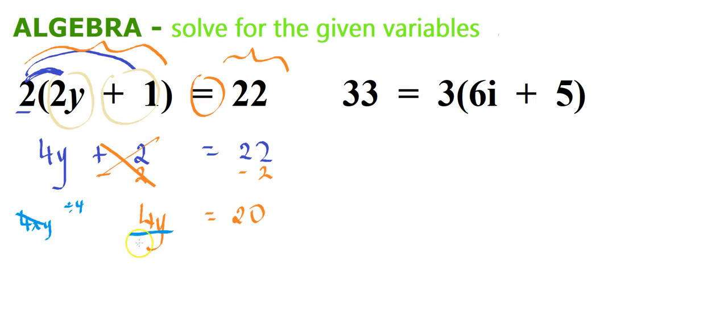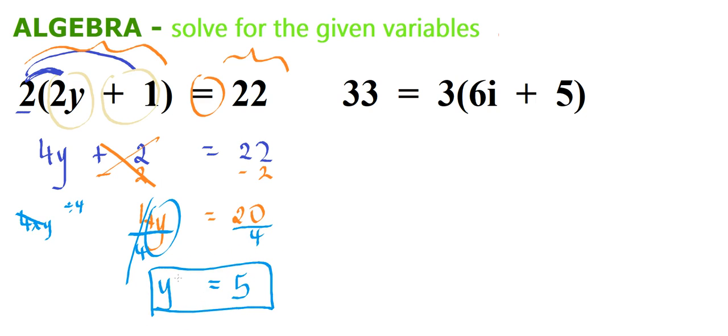Whatever we do to one side, we do to the other side. Multiplying by 4 and dividing by 4 are opposites, so they cancel out, and what's left is y on the left-hand side. On the right-hand side, what is 20 divided by 4? It's 5.